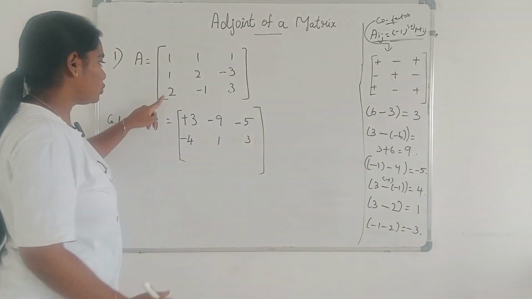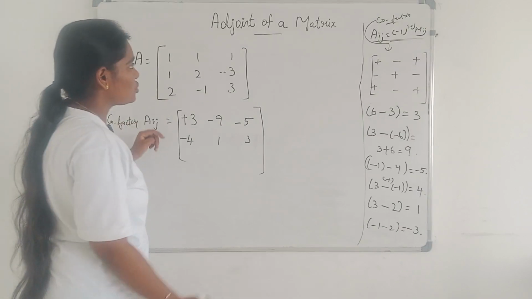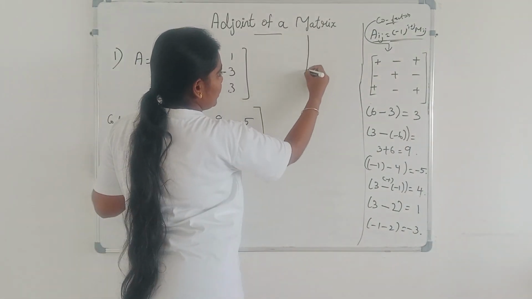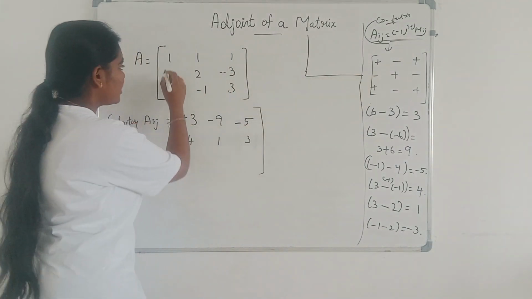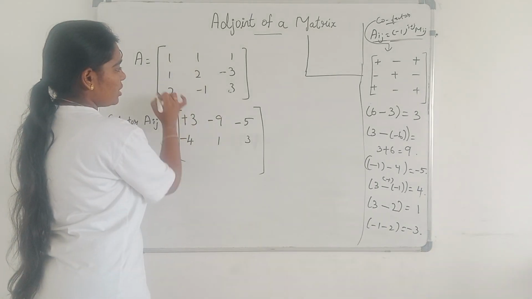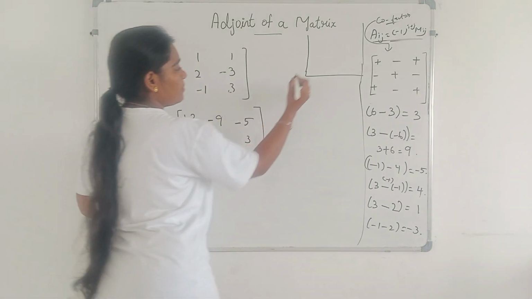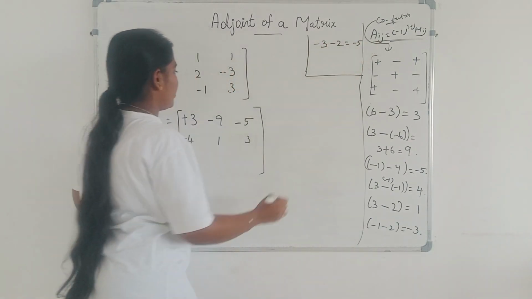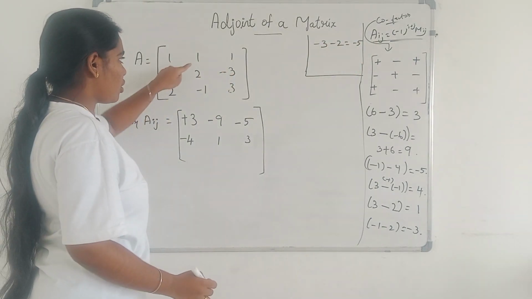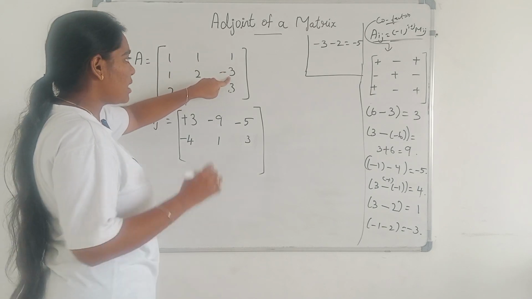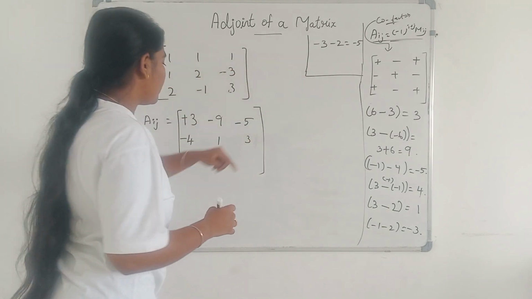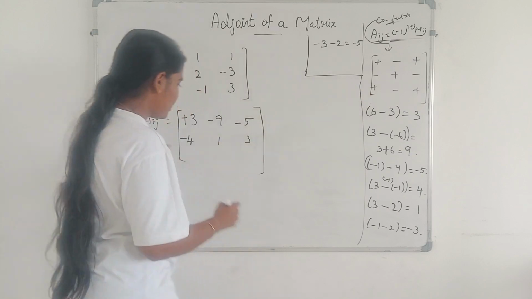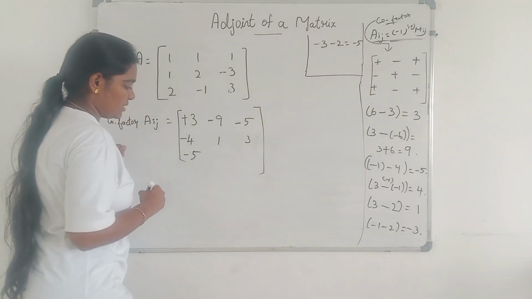Next, for this 2, deleting the corresponding row and column, 1 into minus 3, minus 2 into 1, 2, so minus 5. The sign is plus, so write this minus 5 as it is.